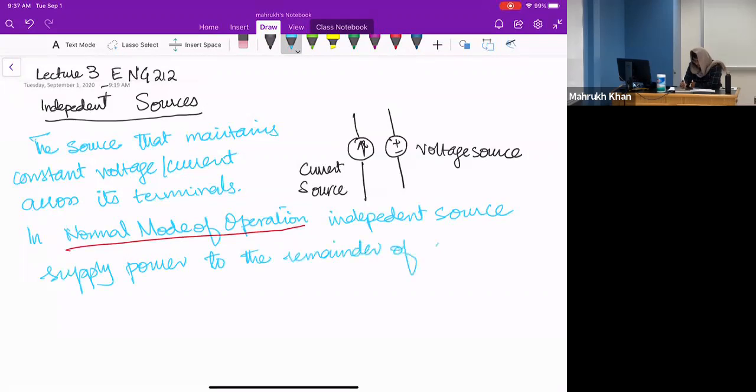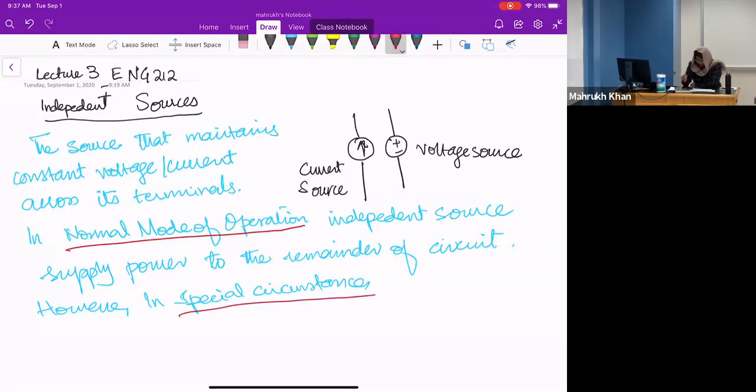So it's basically a supplier. However, in some special circumstances, they can be absorber too. What are those circumstances?